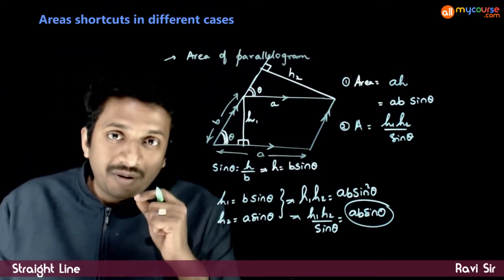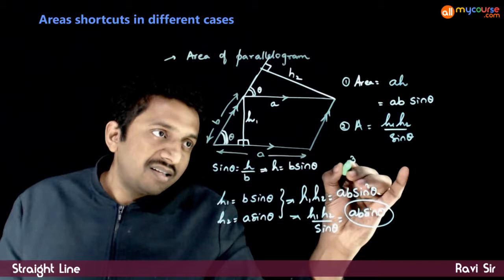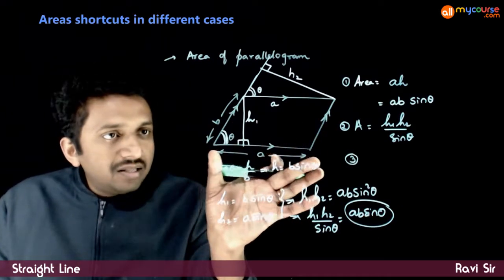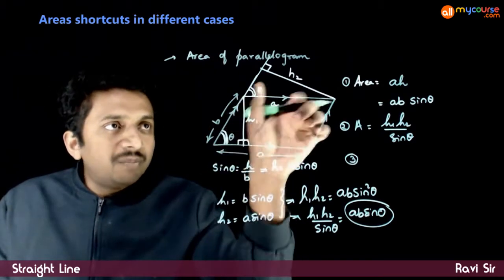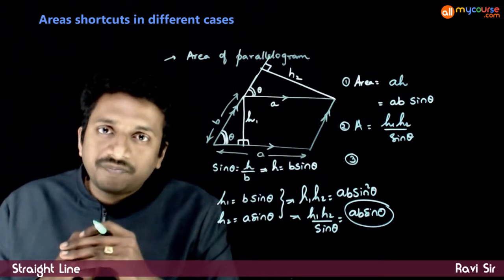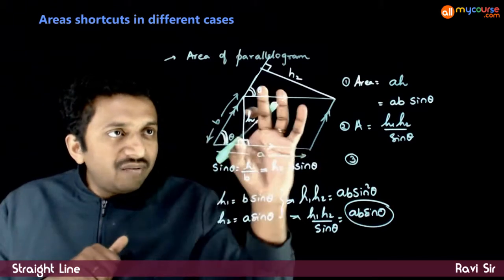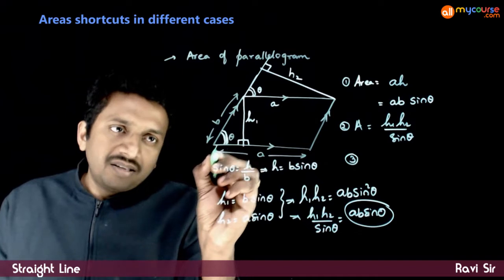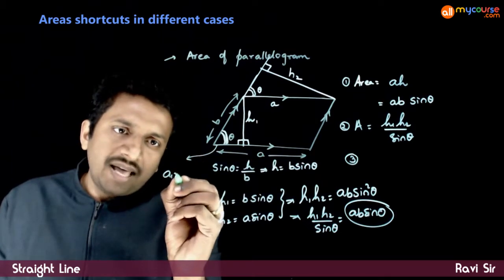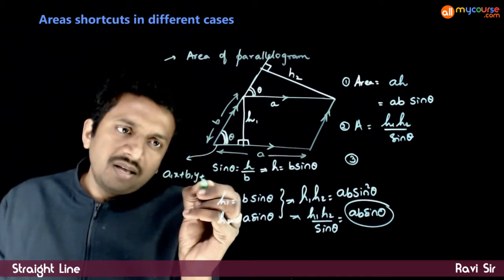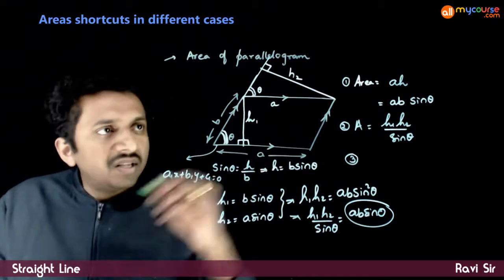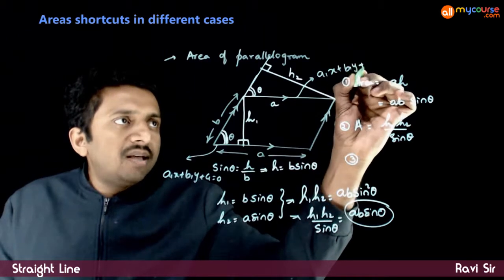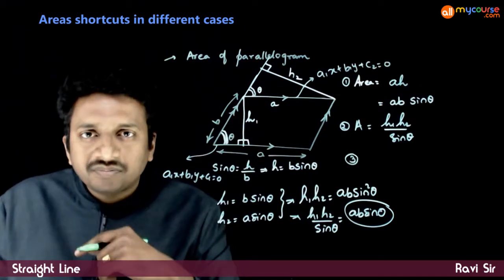Now the most important formula to find the area is if the equations of the sides are given. The lengths of the sides are not given, the perpendicular heights are also not given. Suppose the equations of these four sides are given. For example, this side is a1x plus b1y plus c1 is equal to 0, and this side is a1x plus b1y plus c2 is equal to 0.